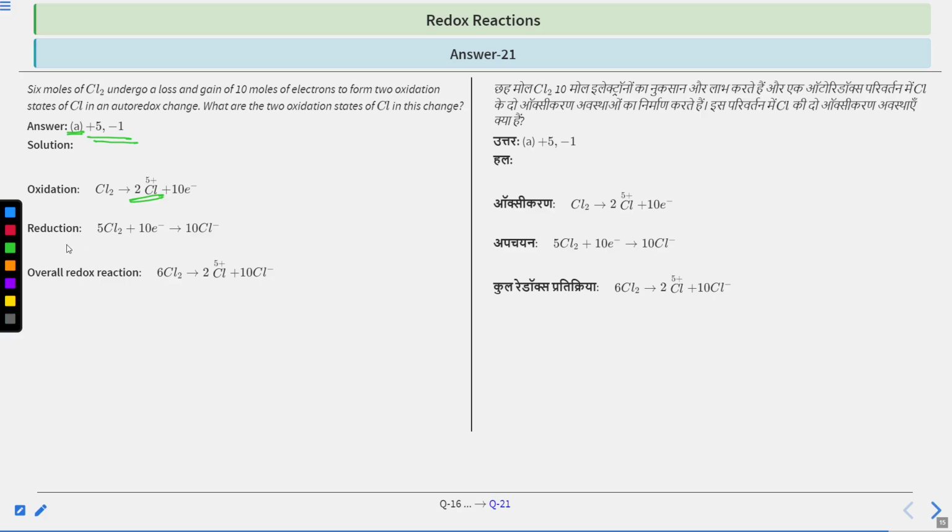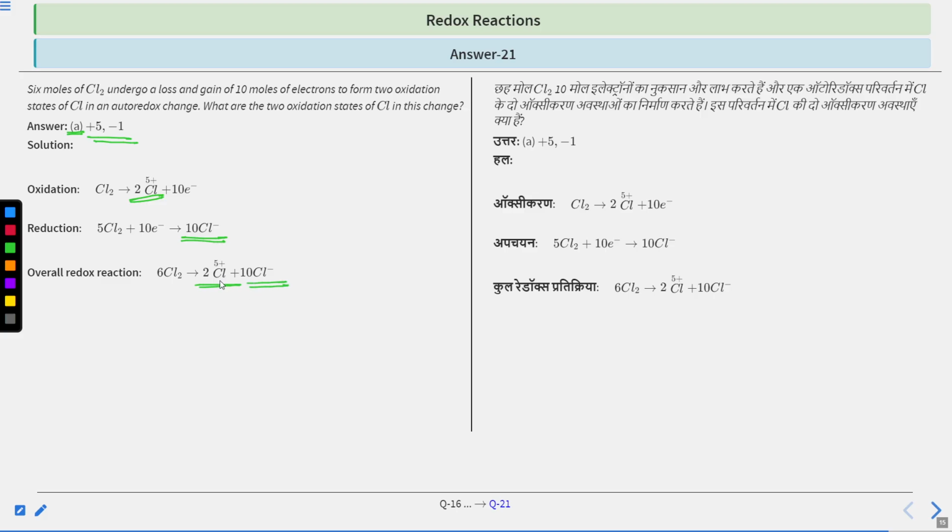Similarly, in the reduction, 5Cl2 plus 10 electrons gives us 10Cl-, and the overall redox reaction will be 6Cl2 giving us 2Cl(+5) plus 10Cl-.